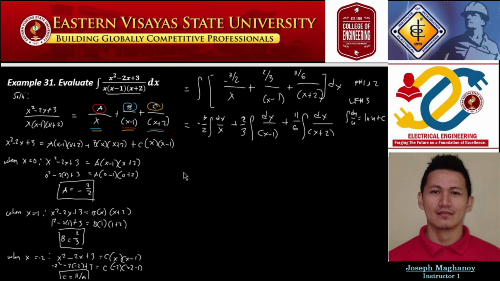We apply negative 3 over 2 ln of x plus 2/3 ln of x minus 1 plus 11 over 6 ln of x plus 2, and of course your arbitrary constant c. So that is your final answer for your example number 31. It can be found on your workbook page 110.